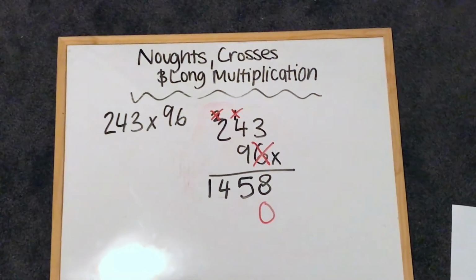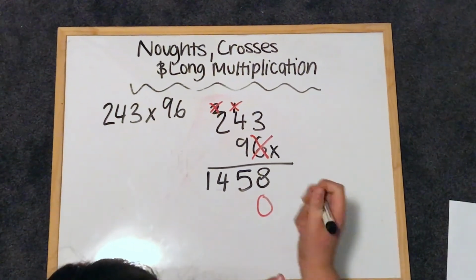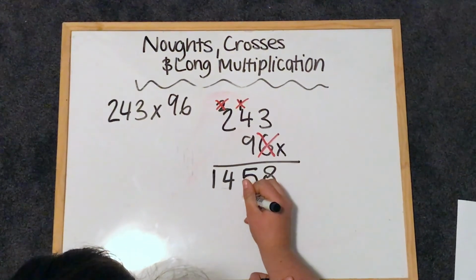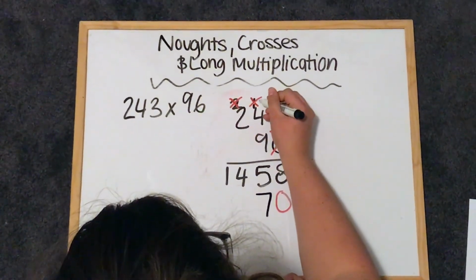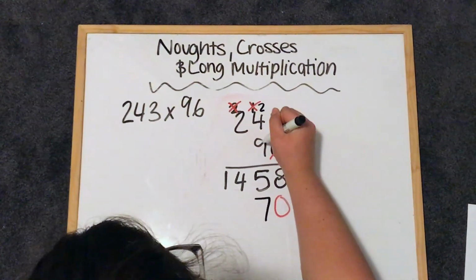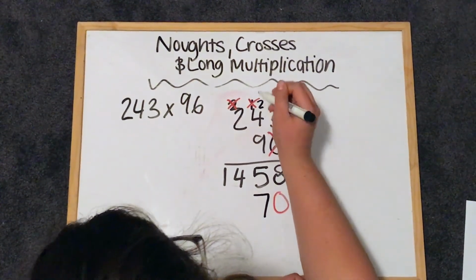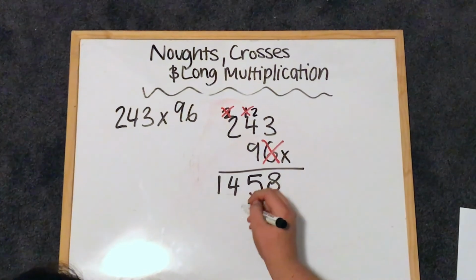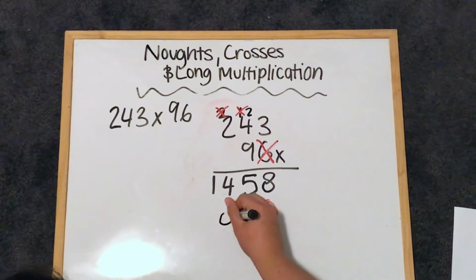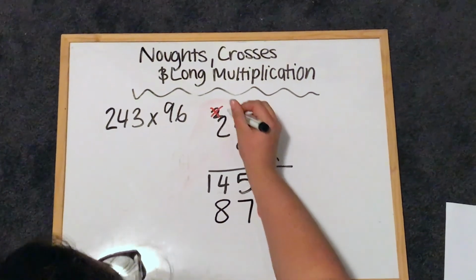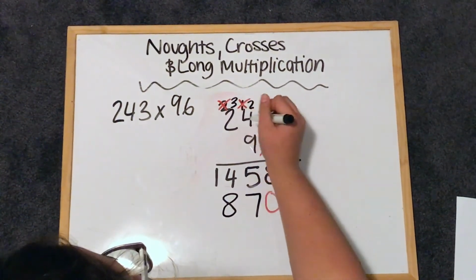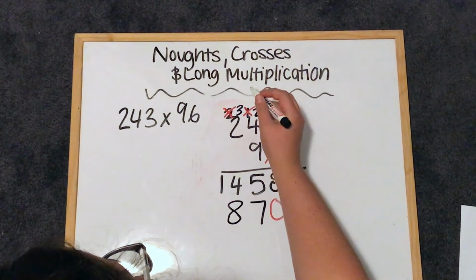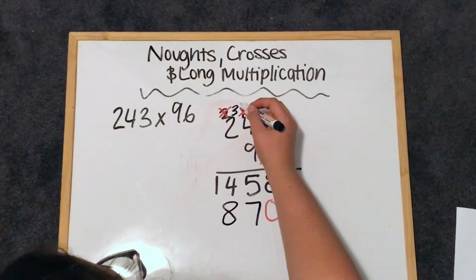The next step is to do 9 times 3, which is equal to 27. We're going to keep the 7 and trade 20 for 2 tens. Next we'll do 9 times 4, which is equal to 36, plus the 2 is equal to 38. Keep the 8 and trade 30 tens for 300s. After that, we're going to do 9 times 2.